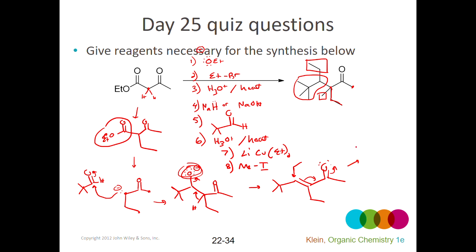Right, so that would go through one more intermediate where the ethyl group's connected. Those electrons will swing back down and attack the methyl group to push out the iodide, and that would give me that methyl group there then on that carbon.